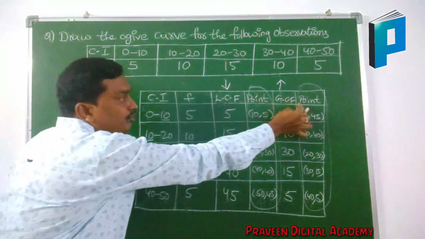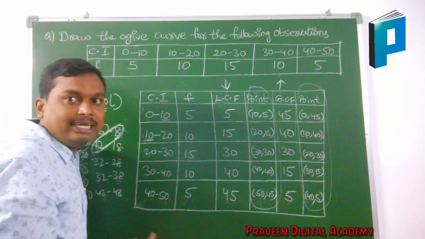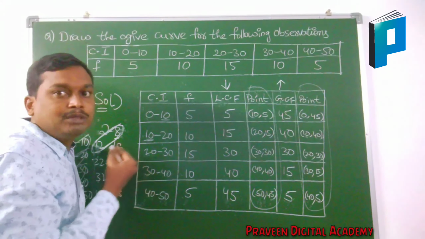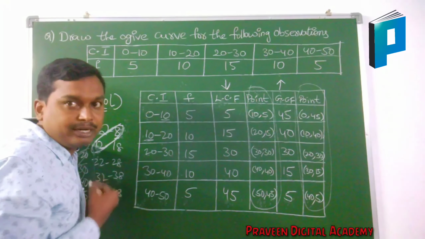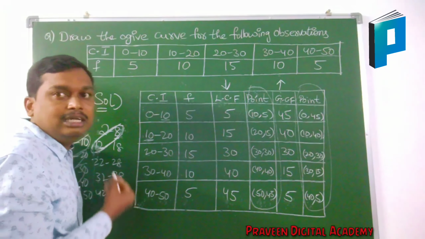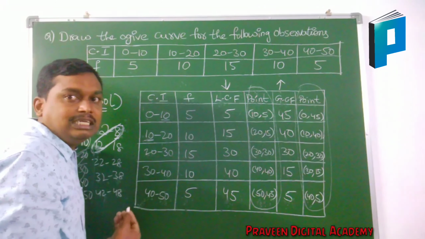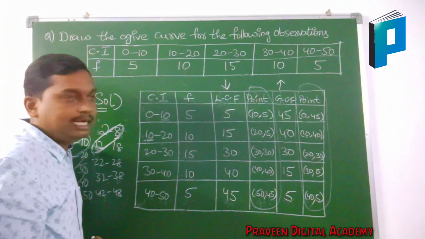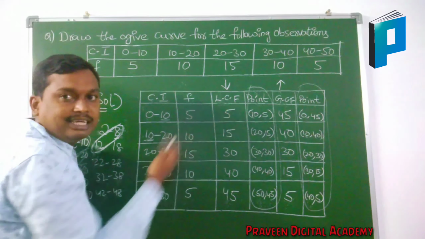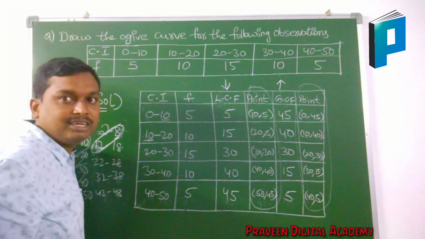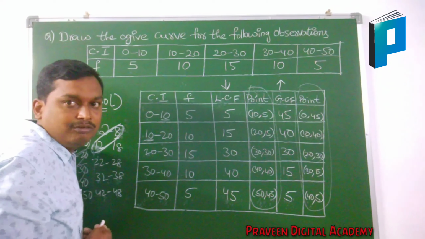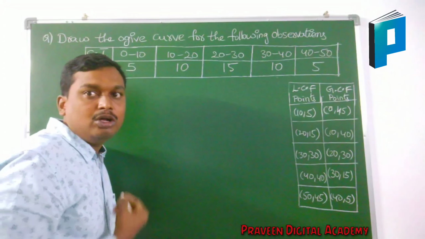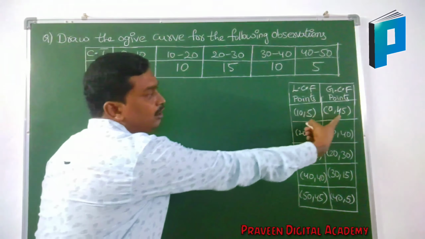We find LCF or GCF only for the median of grouped data. Grouped data is a collection of data in groups. Here LCF is less than cumulative frequency, GCF is greater than cumulative frequency. Now let us draw the ogive curve for the points.